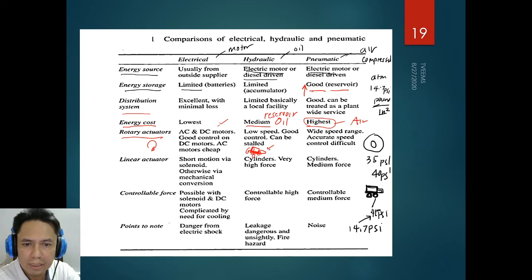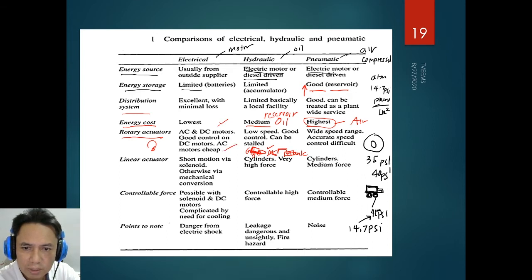and there is no short circuit, there's no overload, because in hydraulics overload doesn't exist. It just goes back to the tank. When there is excess pressure, the overload pressure goes back to the tank.